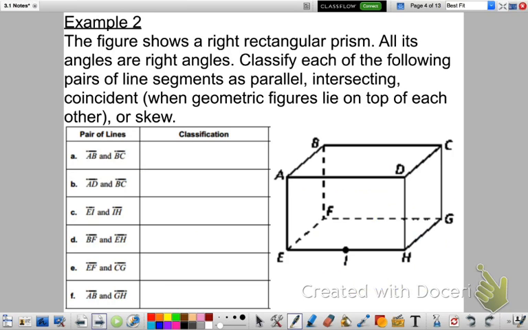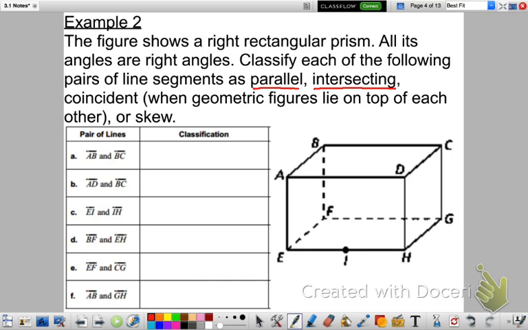Next, we're going to use this figure, and we want to classify each set of the pairs of line segments as parallel, intersecting, coincident or skew. Remember, parallel lines are on the same plane, but do not intersect.